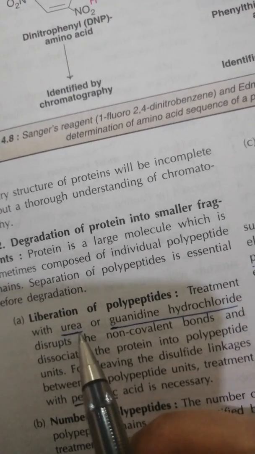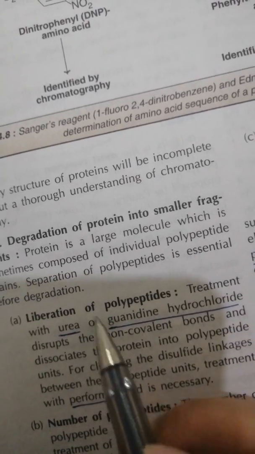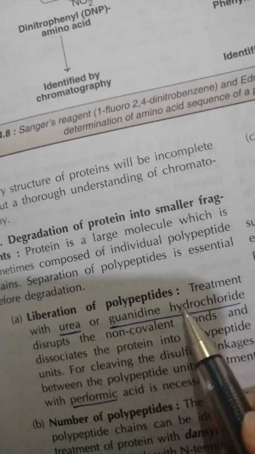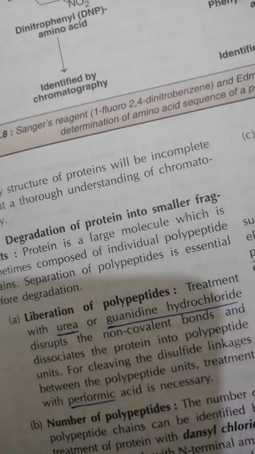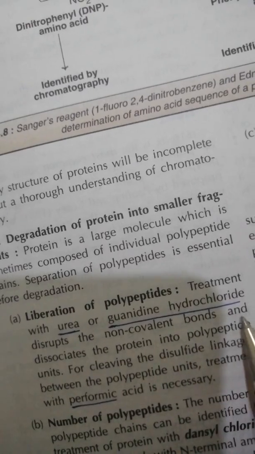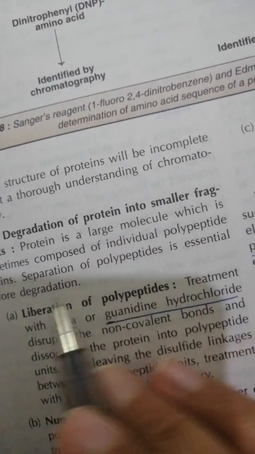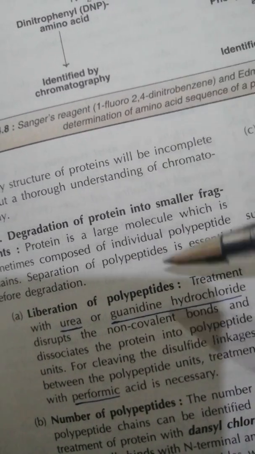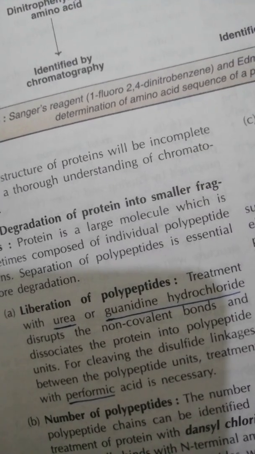We may use urea, which is the one that is easy to remember, but I would still recommend you remember this as well: urea, or guanidine hydrochloride. It disrupts the non-covalent bonds and dissociates the protein. We have a protein made up of 4 polypeptides, and so that single protein will dissociate into 4 polypeptide units.